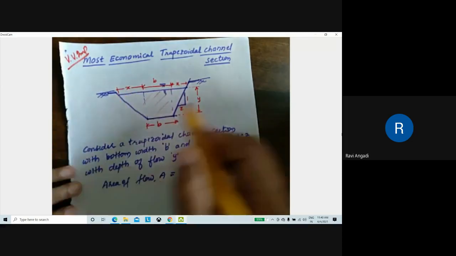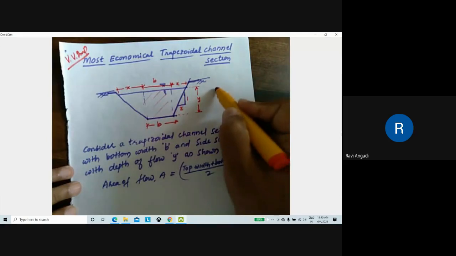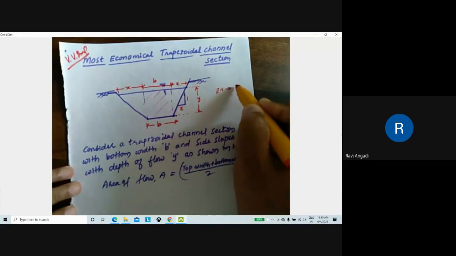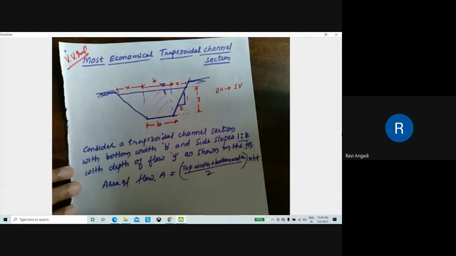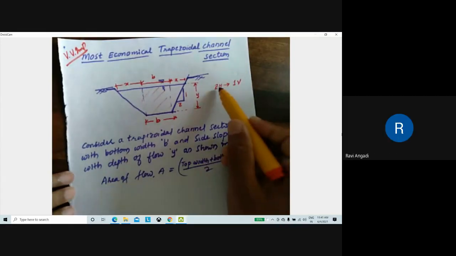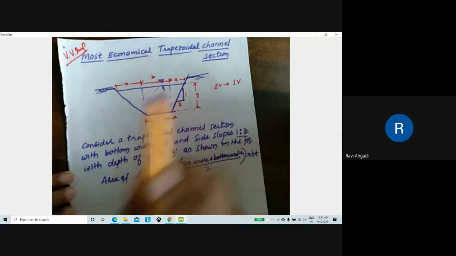Now the side slopes are given. What is the side slope given? For Z horizontal, what is the vertical given? Is it correct? See, for Z horizontal, one is vertical. Means for every Z horizontal, one is vertical you take.